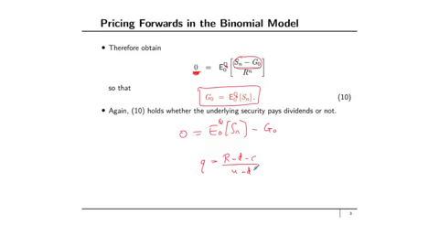And so if the underlying security pays dividends, well, this is going to enter into the risk-neutral probability. It will lower the risk-neutral probability of up moves and make the forward contract a little cheaper than would be the case if dividends were not present.